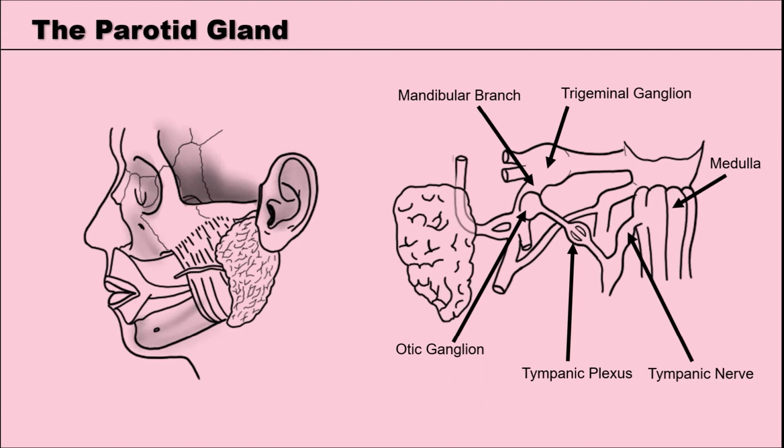In order to understand the course of these nerves that we're going to talk about today, let's just recap on some of the anatomical features found within this image. We have part of the brainstem called the medulla. And we also have the trigeminal ganglion, from the trigeminal nerve, for which we know there are 3 branches. The first would be the ophthalmic branch, the second the maxillary branch, and the third, which we're going to look at when we're looking at the parotid gland, is the mandibular branch.